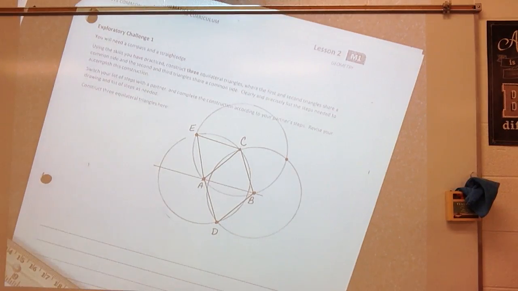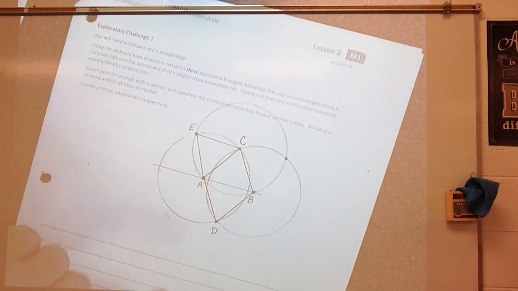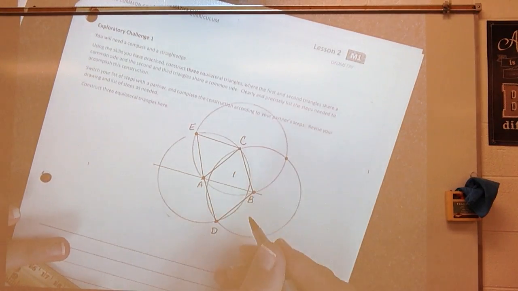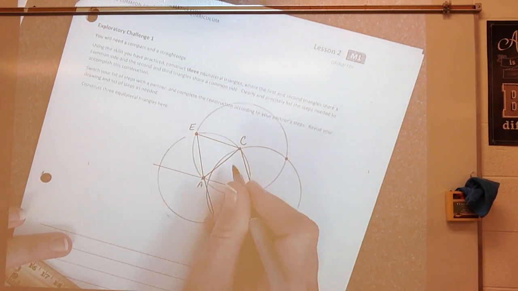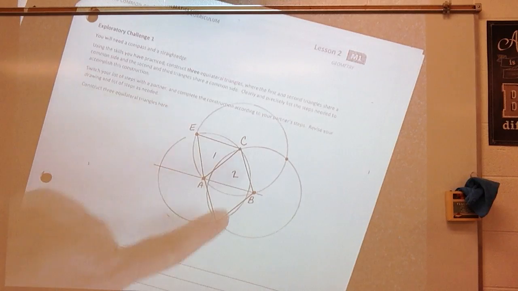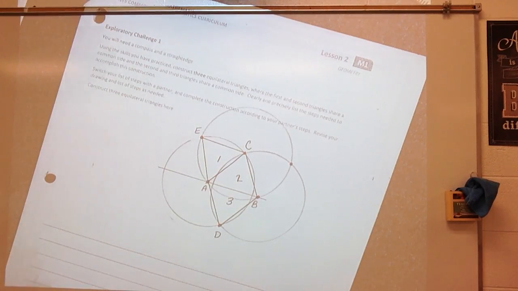And there you have it. The first and second triangles share a side, so we'll let this be triangle 1 and triangle 2. And then the second and third triangles share a side.